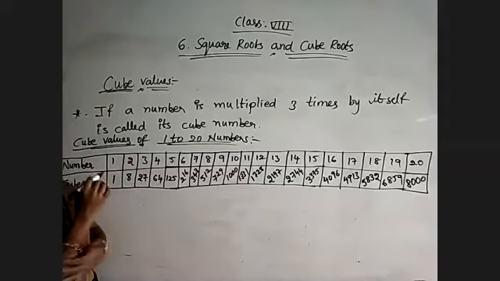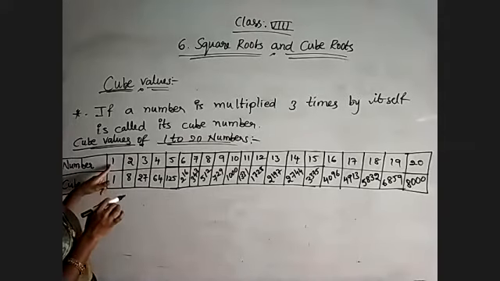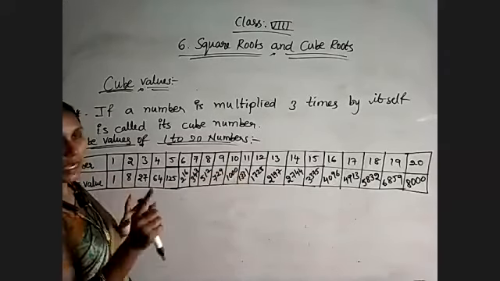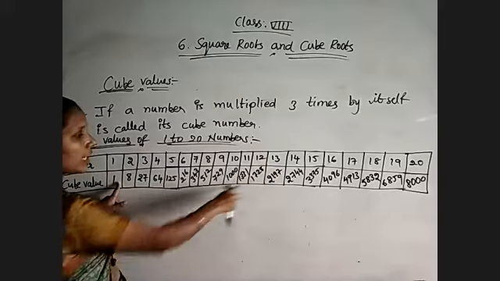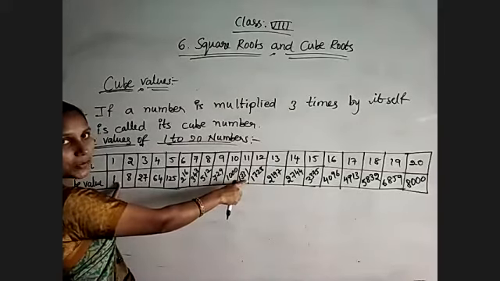Just observe the cube values of every number here. The numbers ending with 1, here 1 and 11, have unit digit 1. So observe their cube values. 1 cube is 1 only, and 11 cube also has 1 only in its unit digit.